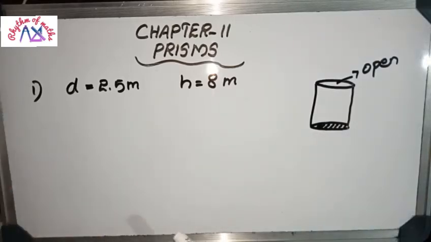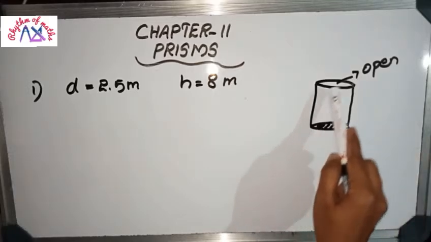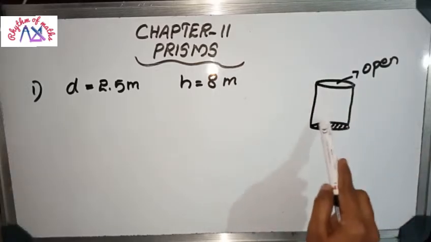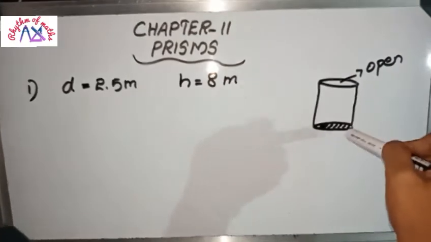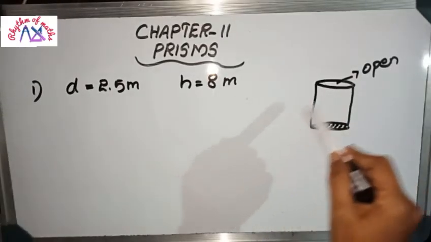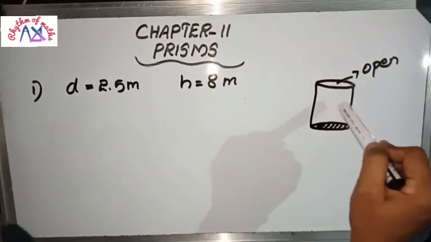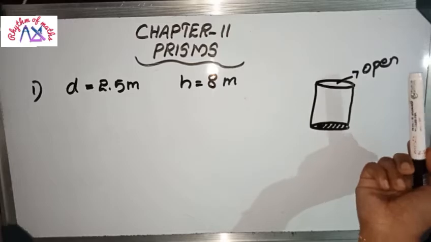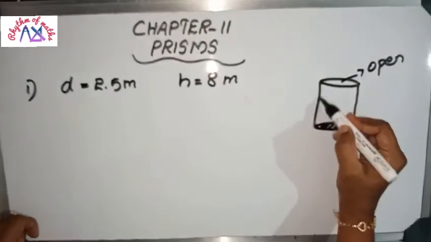So to cement means, which portion do we have to cement here? Only the inside portion. The outer portion we can't see because it is inside the sand, inside the soil. So only this inside portion is what we can see and touch. So cementing means this inside portion.